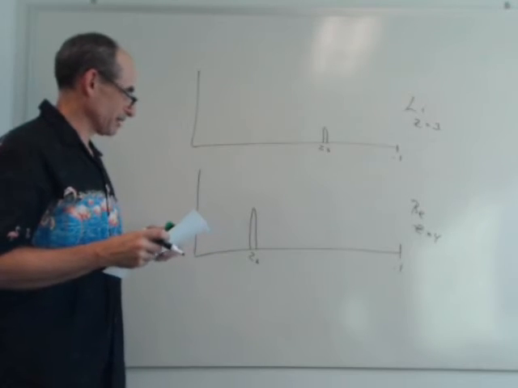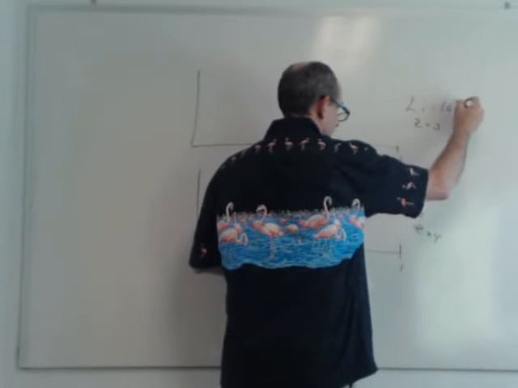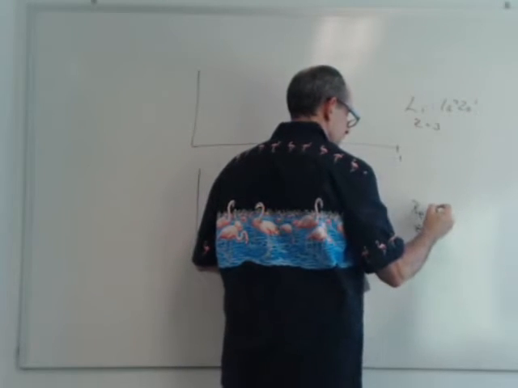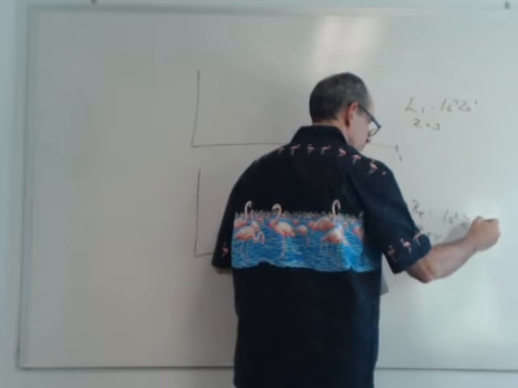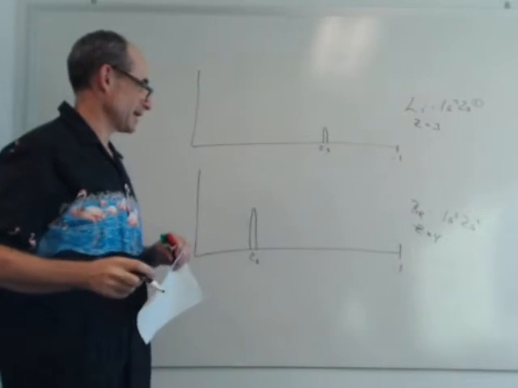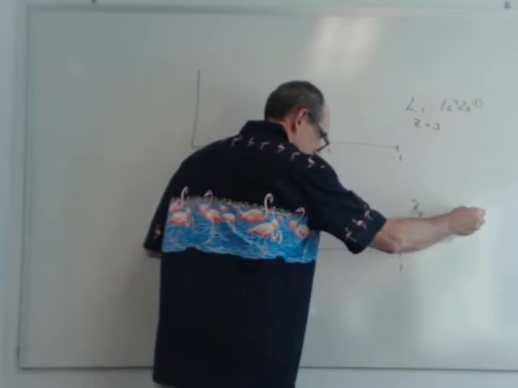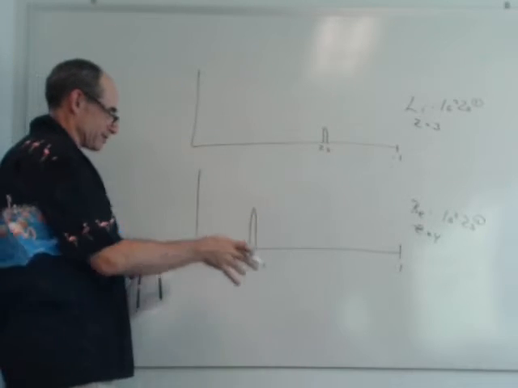You're asked to explain the relative positioning and intensity. The intensity is pretty straightforward. The 2s subshell in lithium only has 1 electron. The 2s subshell in beryllium would have 2 electrons, so that peak would be twice as high.